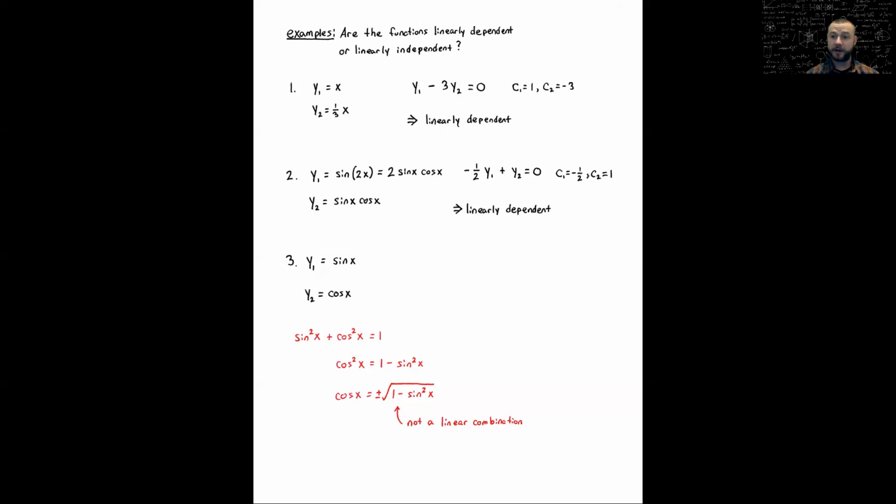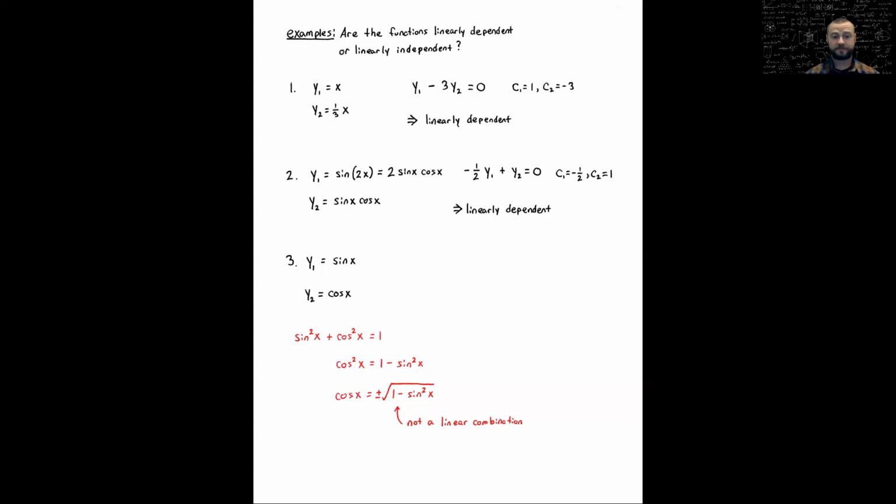Those are nonlinear operations. So you maybe have thought of this identity, but it doesn't actually work. So maybe there are other trig identities out there that would work, but we just can't think of them.